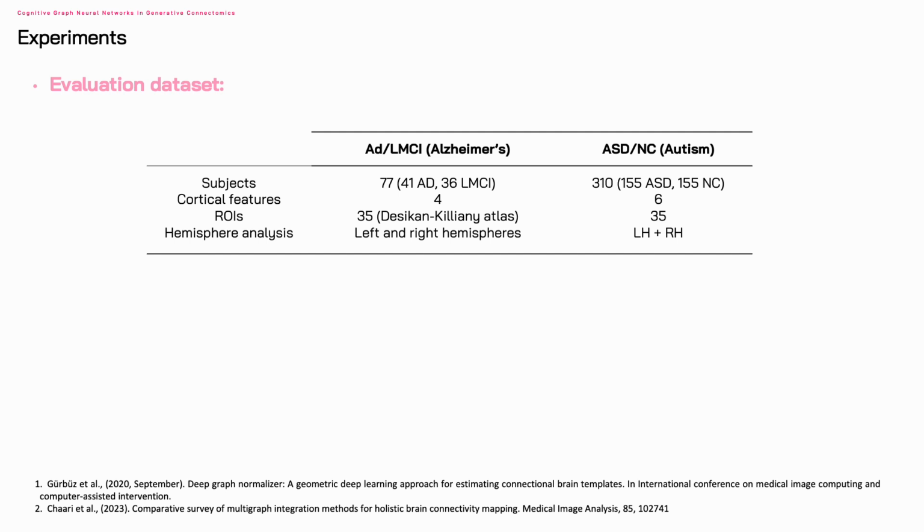For evaluation, we use two datasets, the Alzheimer's dataset and the autism dataset, where we used 4 cortical features for 77 subjects in AD and 6 cortical features for around 310 subjects. The ROIs are 35 from the Desikan-Killiany atlas, and we analyze both cases, the left and right hemispheres, separately.